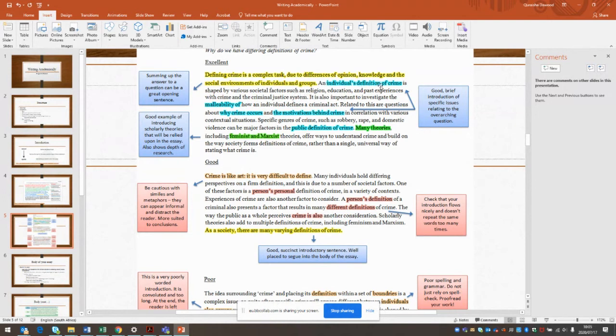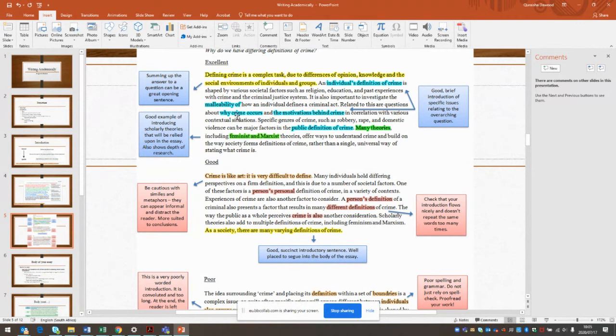An individual's definition of crime is shaped by various factors, such as religion, education, past experiences. Okay? And it is also important to investigate the malleability of how an individual defines a criminal act. Okay, related to this, can you see the linking is very good here?